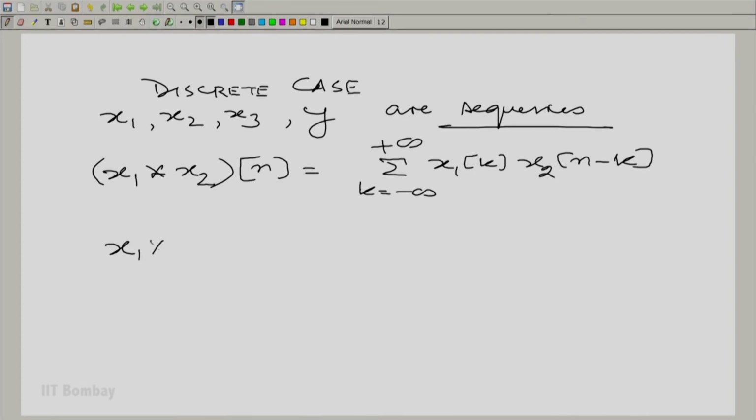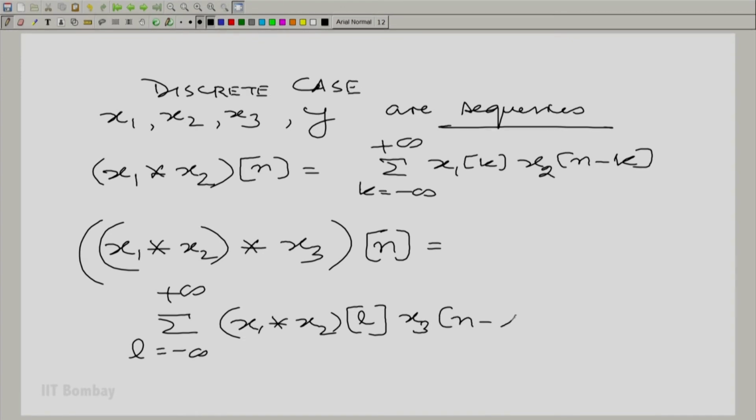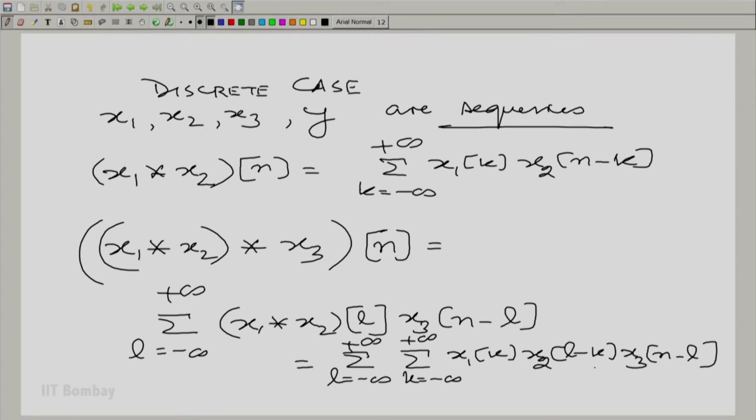Now, x1 convolved with x2 and then convolved with x3, all this evaluated at n, is essentially summation L going from minus to plus infinity x1 convolved with x2 evaluated at L multiplied by x3 evaluated at n minus L, and we can expand this. This is the expansion, and now we need to make a change of variable.